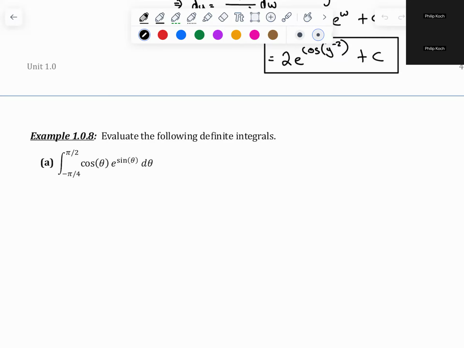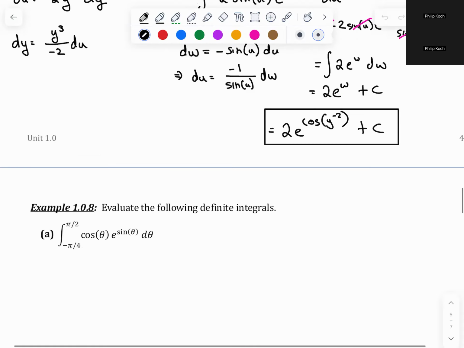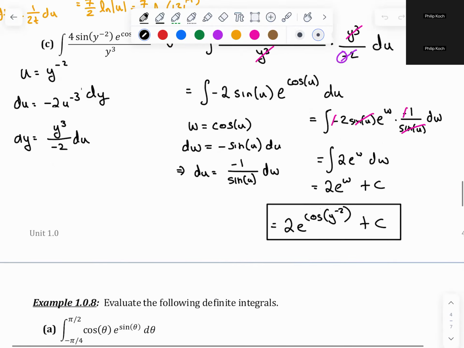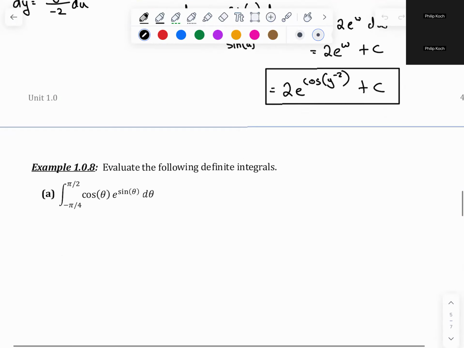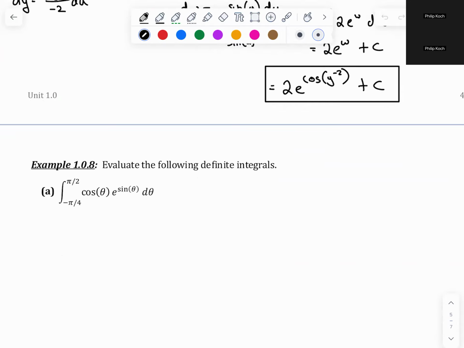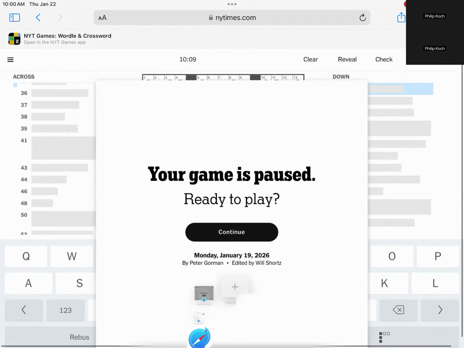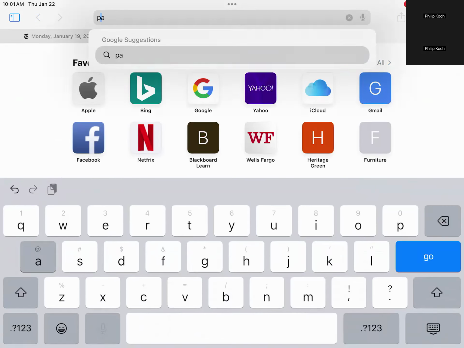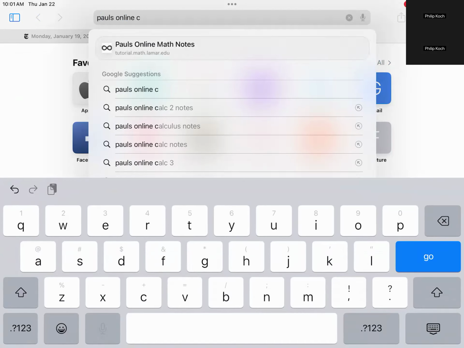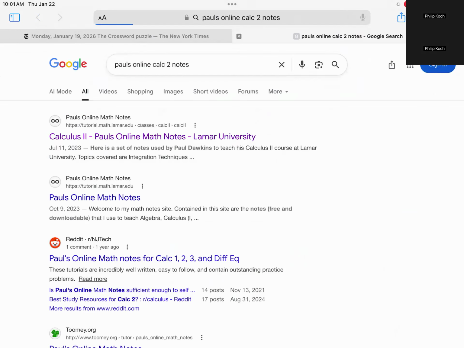But anyways, last time we left off with doing integral substitution. And the other thing I had forgotten to mention, I had mentioned it, but I hadn't shown it. If you just search Paul's Online Math Notes, Calc 2 notes, this place will pop up.